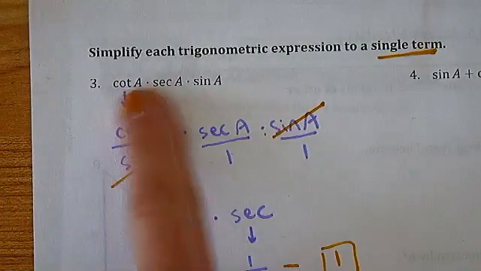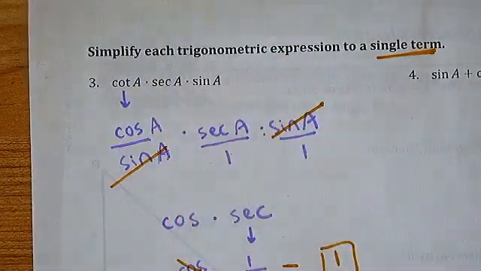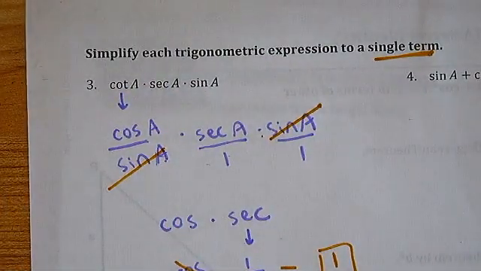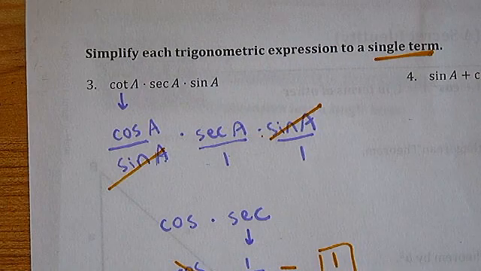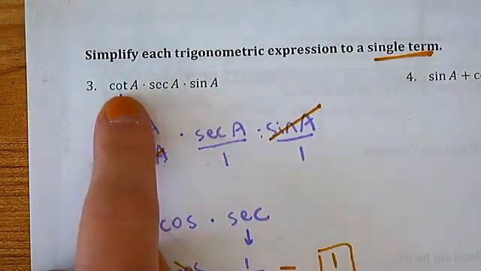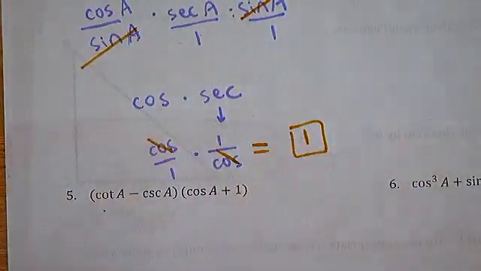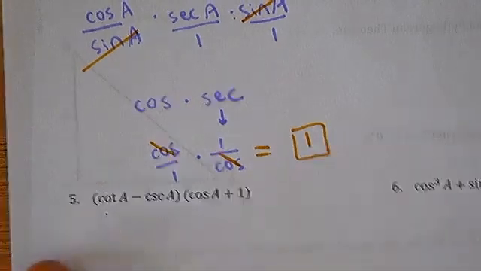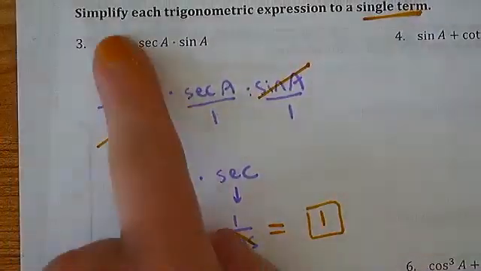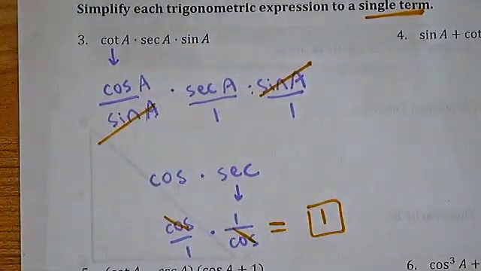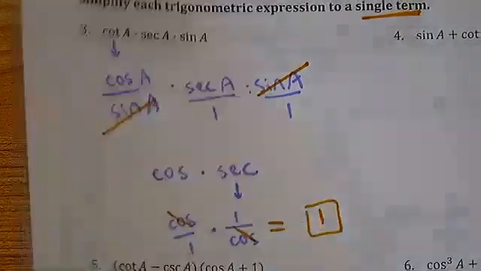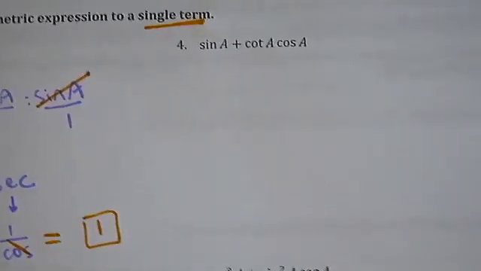We went from 3 trig expressions being multiplied together into 1 using substitution and canceling. Algebra. Algebra brought this from here to here. That's so cool. All right, let's try the next one.